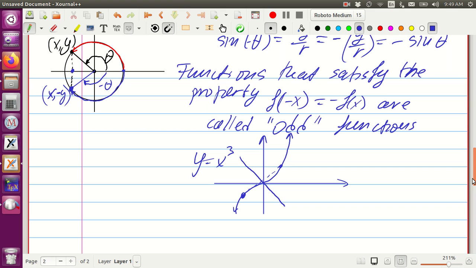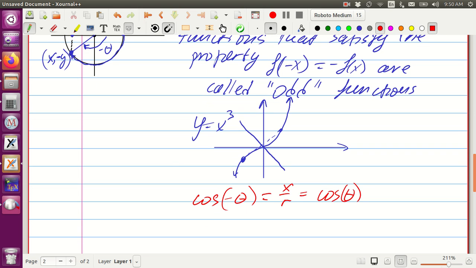Then we can do a similar thing for cosine. So we say cosine of negative theta. What would be cosine for this angle negative theta? Cosine will be x over r. But x over r is just cosine of theta. So what can we say?